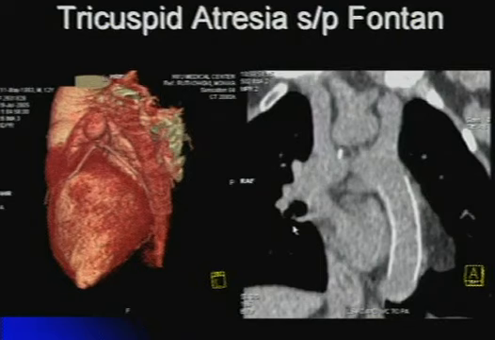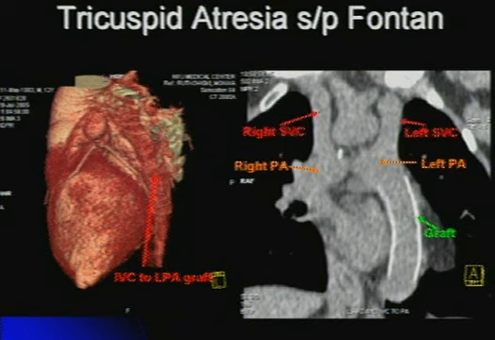This is another patient with tricuspid atresia who had undergone a Fontan procedure, and we can see the IVC to left pulmonary artery graft, noted here as well as in the MPR image on the left, on your right.